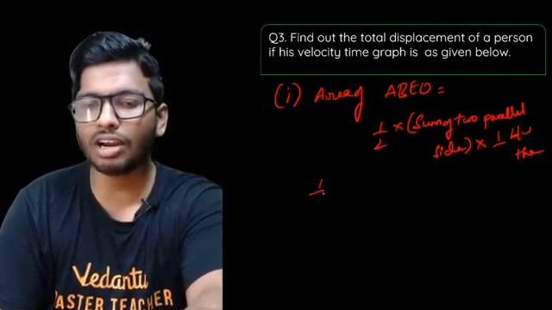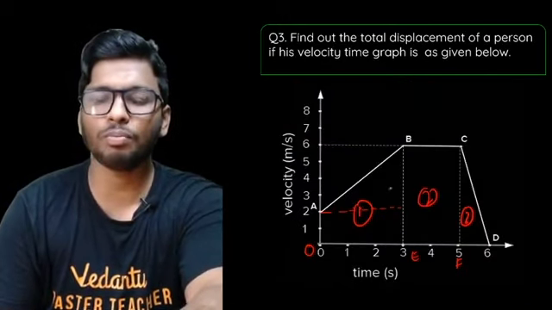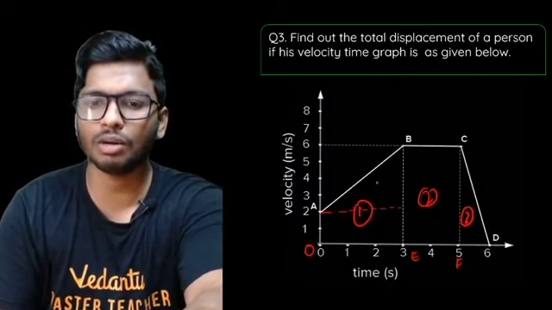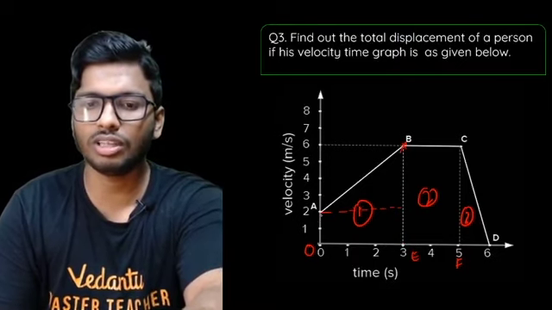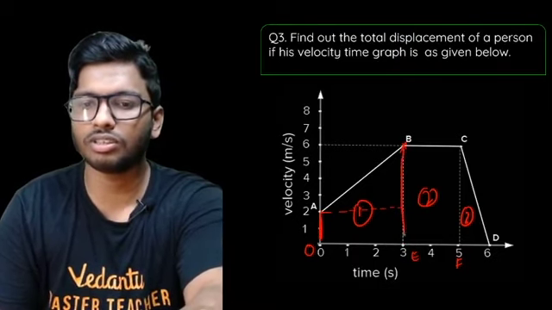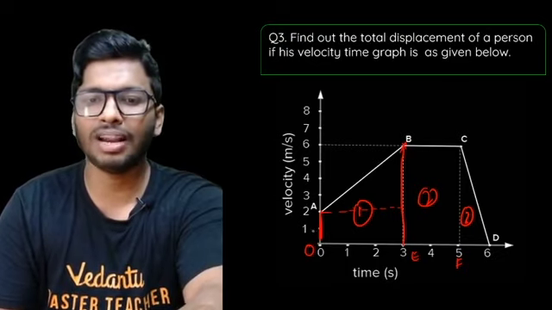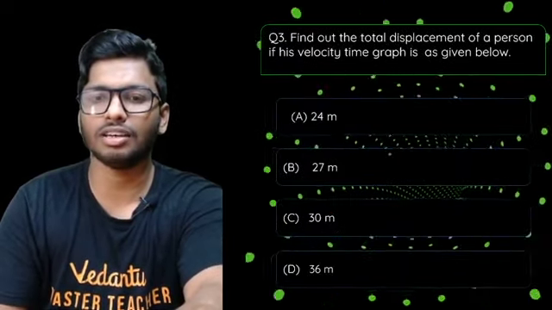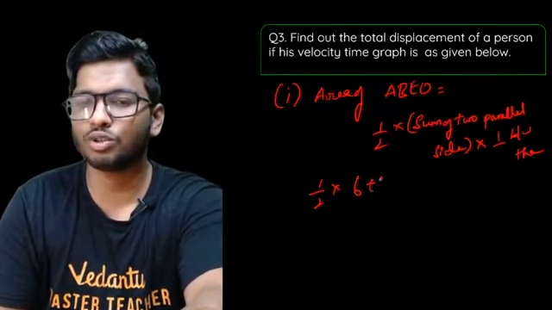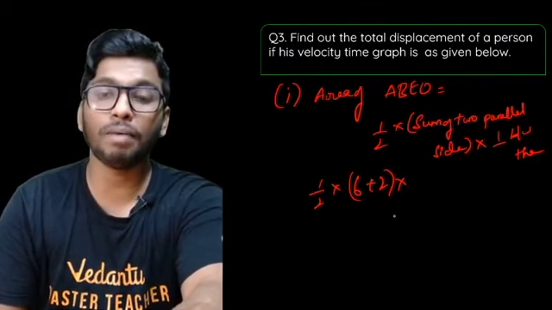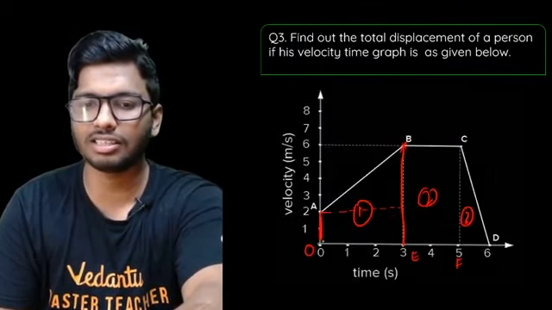So in this case, it'll be half into the sum of the two parallel sides. These two are the two parallel sides. So what is the height of this? That is 6 plus 2, into the perpendicular distance between them, which is this distance.